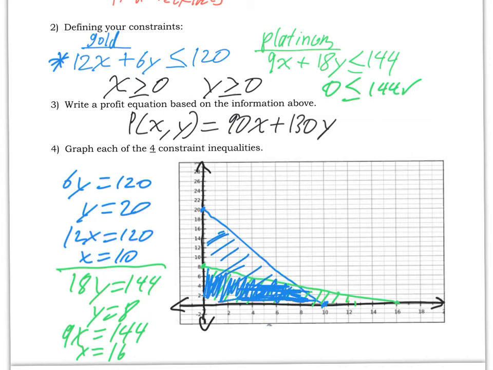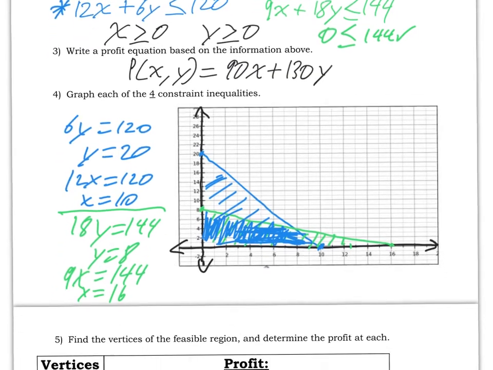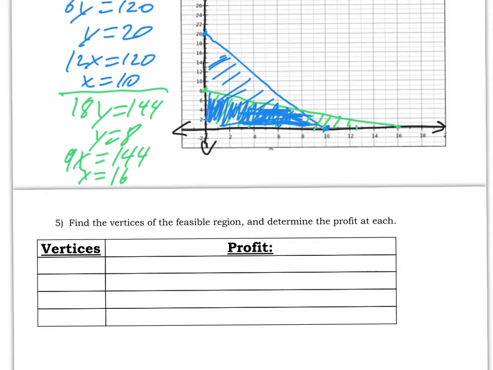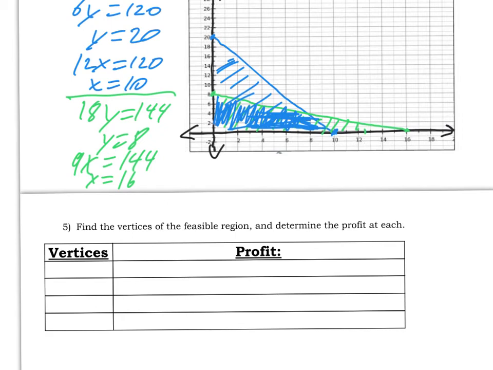Okay, so now, oops, come on, there we go. Now we need to identify the vertices of the feasible region. That feasible region is a four-sided figure.